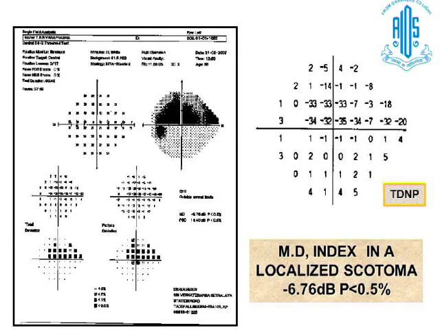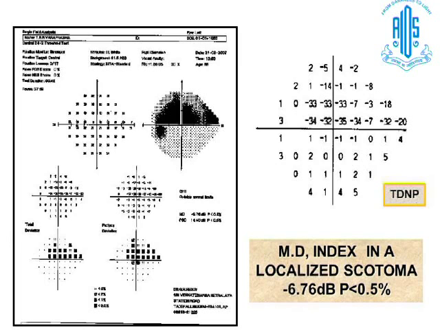When it is expressed in terms of mean deviation, this is the mean of all the points. This change is distributed to all the points and will be expressed as mean deviation. So a change in mean deviation in a localized scotoma, even if it is 4, is not actually 4. It is huge, because it is confined to one segment.